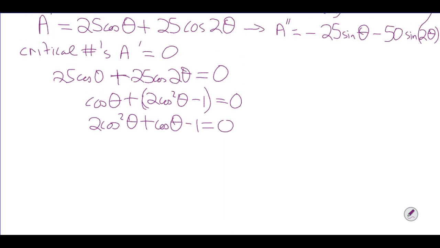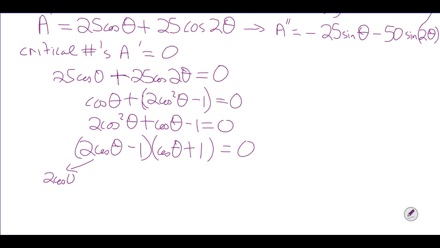Okay, factor. 2 cos theta, cos theta. I need a plus 1 minus 1, because we're at plus 2 minus 3. Yeah, okay. So either cos theta is 1/2 or cos theta is negative 1.